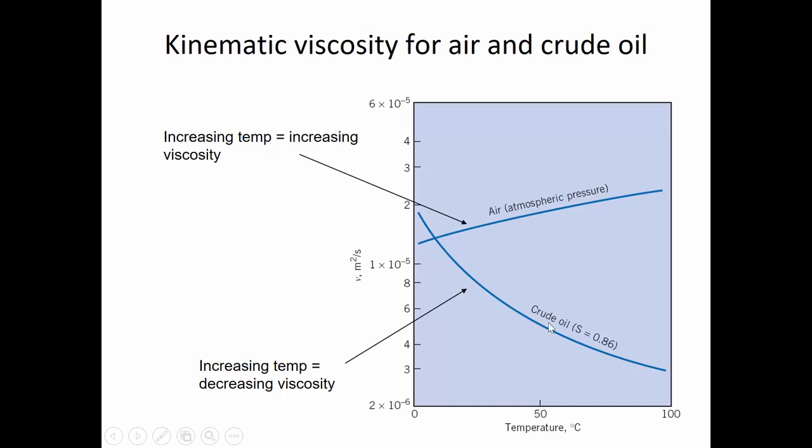What I told you just a moment ago was that air becomes more viscous as it heats up. The trend is fairly flat. It doesn't become hugely more viscous, but it does become a little bit more viscous. So that's an interesting point of fact, that the viscosity increases.